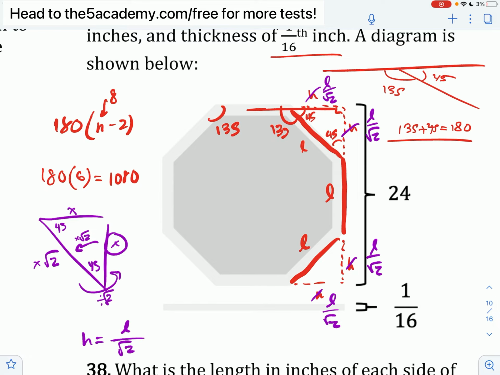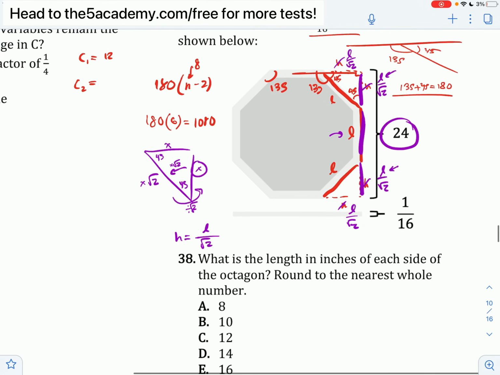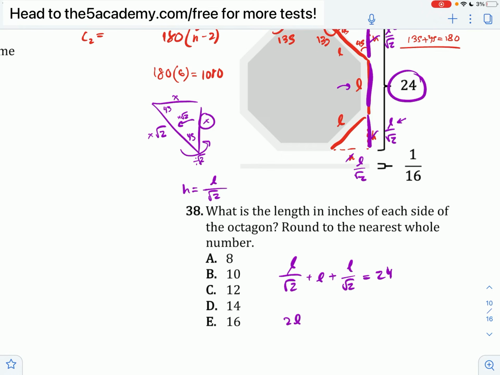Okay, now what can I see? I have this dimension, this dimension, and this dimension. I can add those all up, sum them to 24, and there's only one unknown, which is L, in all of them. So I can solve for L. Let's do that. L over square root of 2 plus 24, plus L over square root of 2 is equal to 24. I could say 2L over square root of 2 plus L is equal to 24.